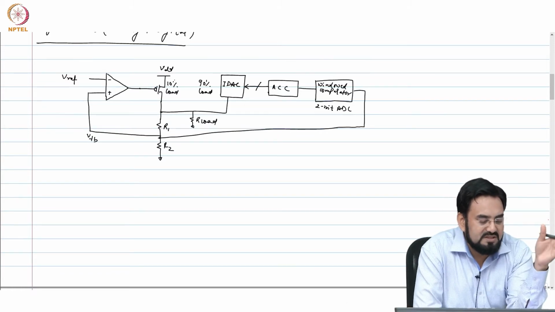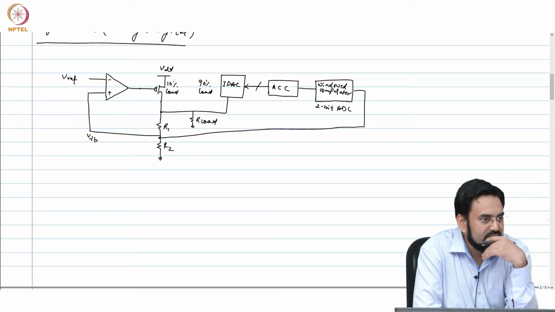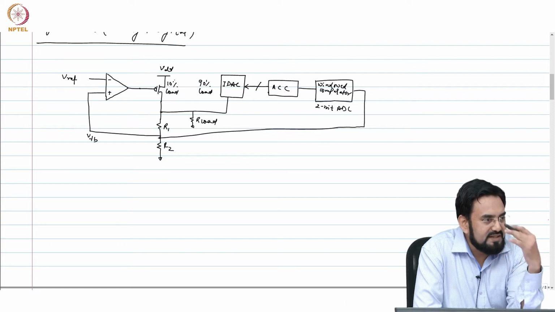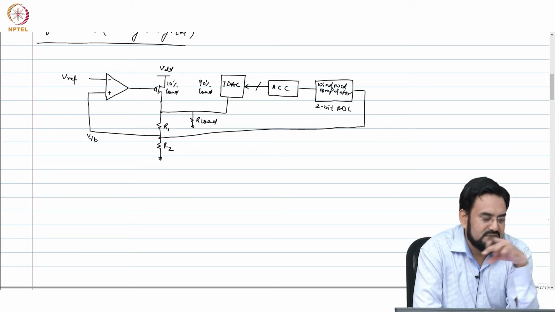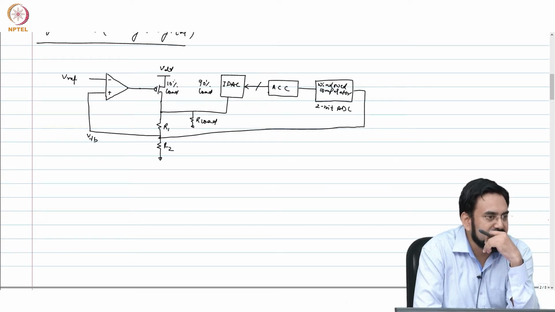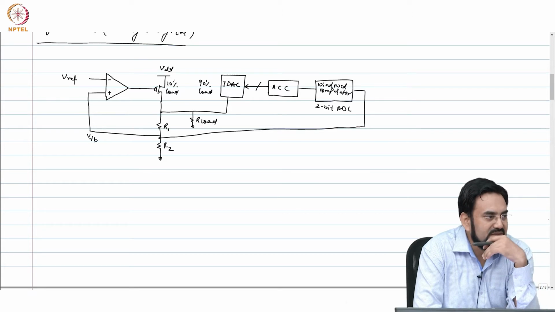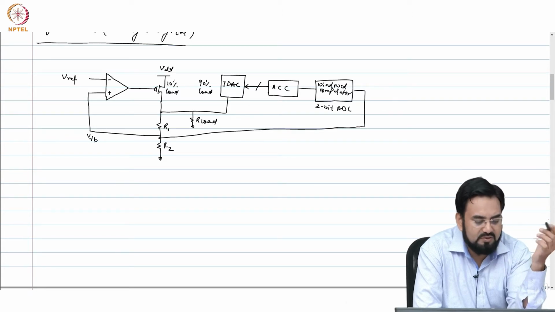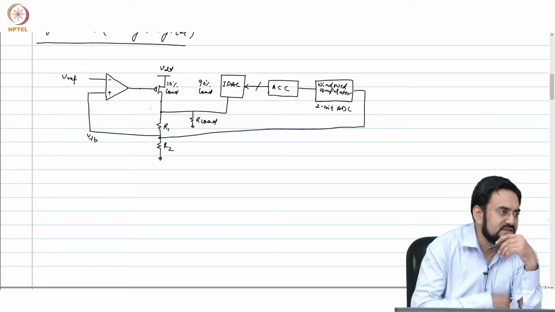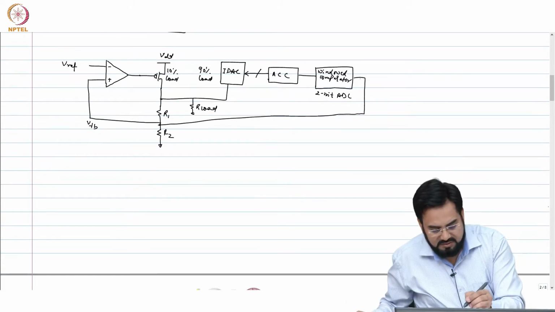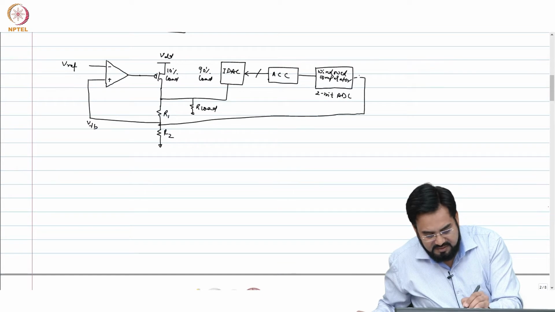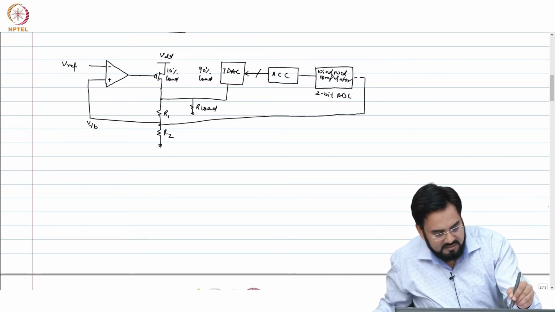So which means your VGS minus VTH will be minus 100 millivolt because of the PMOS. So whenever the difference between your gate and source goes beyond 100 millivolt, which means now it is carrying more than 1 milliamp current, and you can take the decision to turn on the DAC. So both ways are okay, whether you sense the current or sense the gate voltage. Okay, so this feedback will not go here.